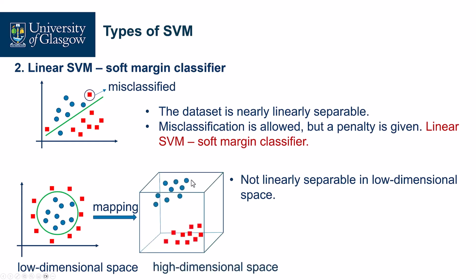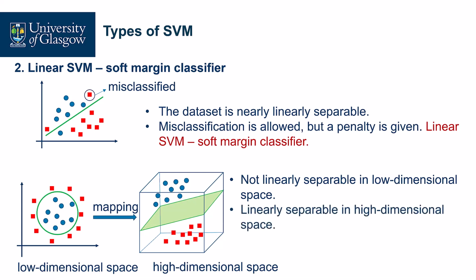We make it three-dimensional space, and we can find that in three-dimensional space it's linearly separable. Then we can use a hyperplane to separate it, right? So this one we call nonlinear SVM, because we have a nonlinear mapping, right? So this is the third kind.